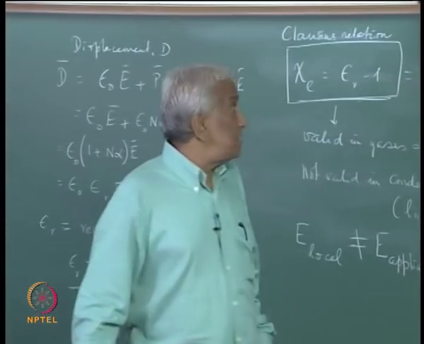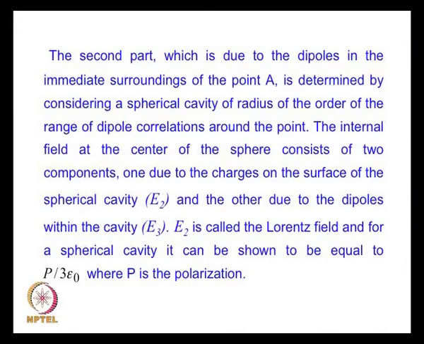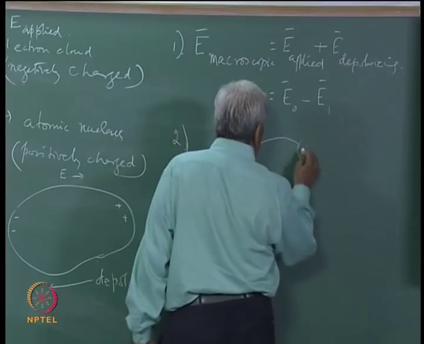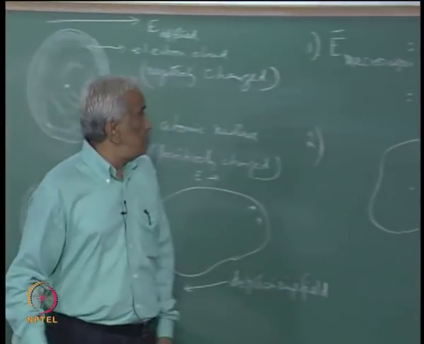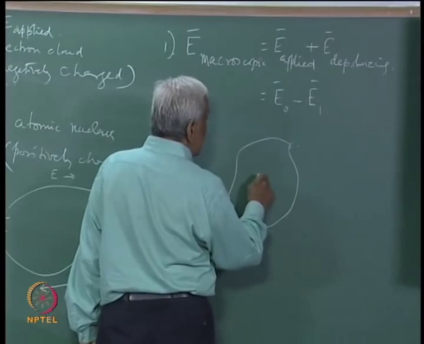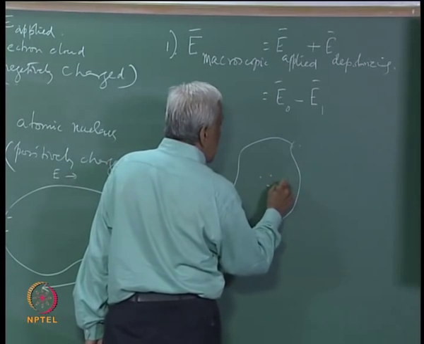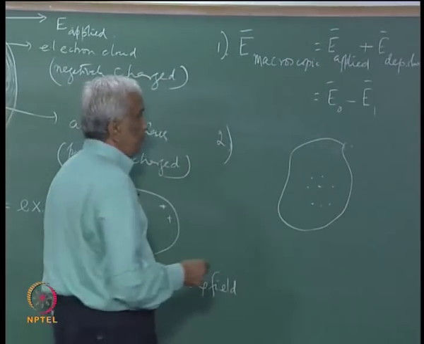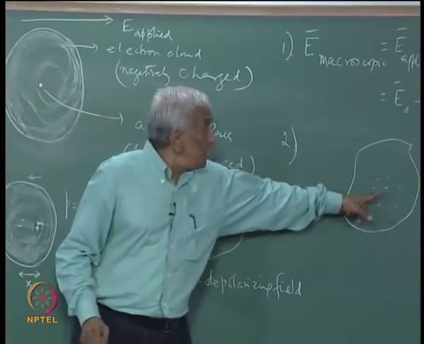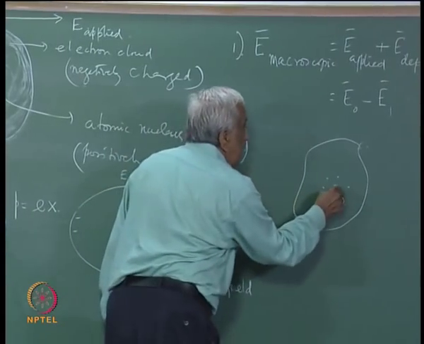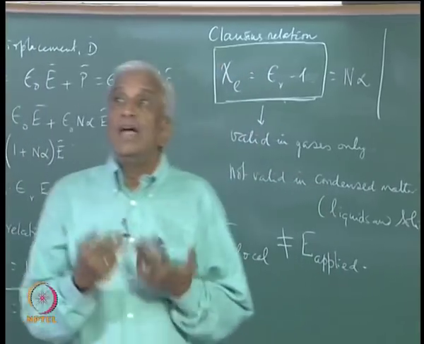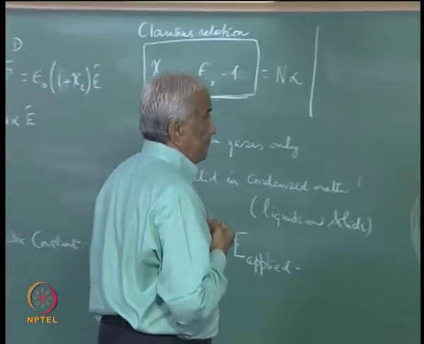The second part is due to the dipoles which are in the immediate neighborhood. Suppose you have a dielectric and you have a given atomic dipole somewhere here, in its immediate neighborhood there are other dipoles. So, these are all different dipoles. So, these dipoles interact with this dipole and therefore, we have dipole-dipole interactions which produce an internal electric field.